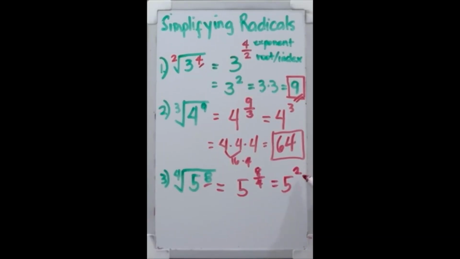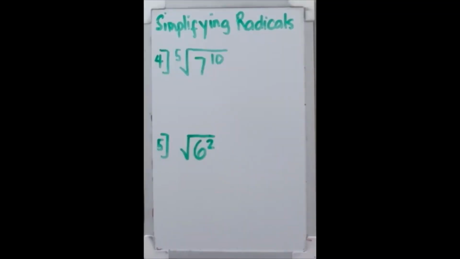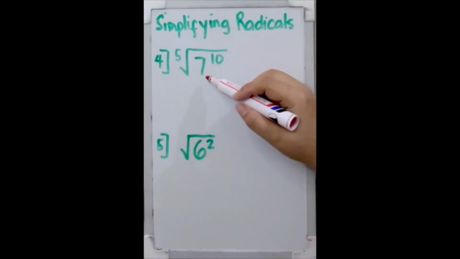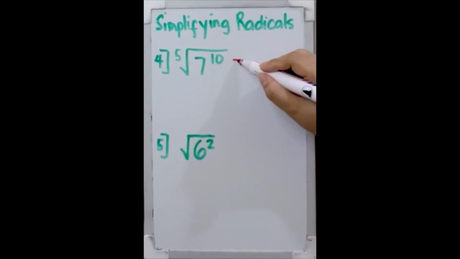So 5 raised to 2, and this is 5 times 5, which is equal to 25. Our answer is 25.